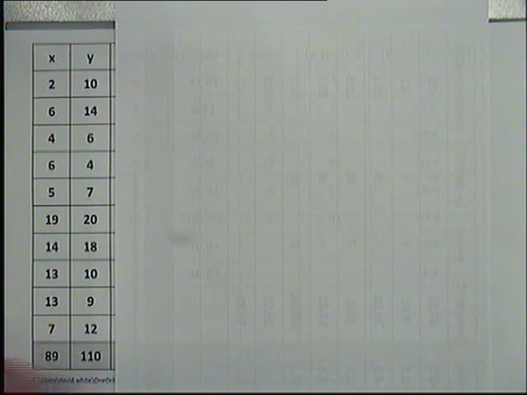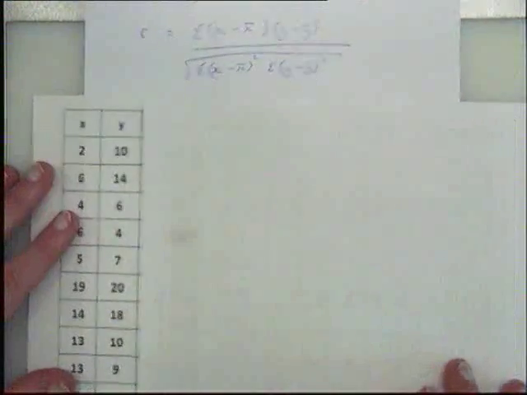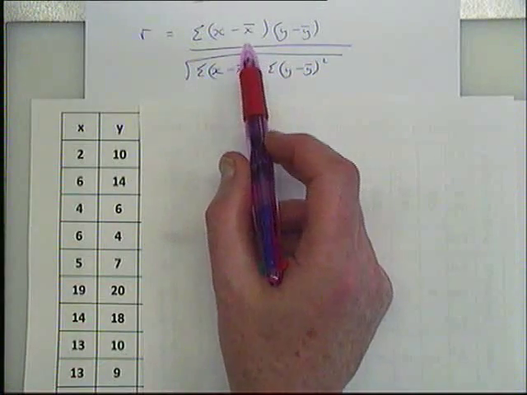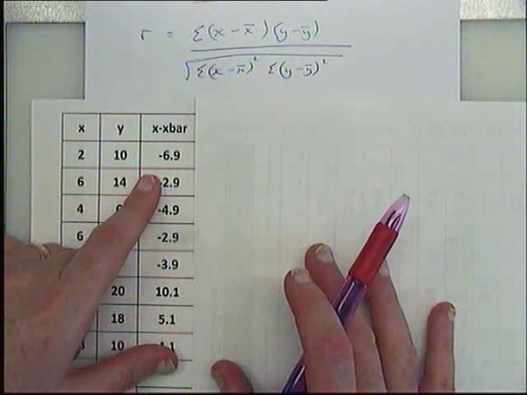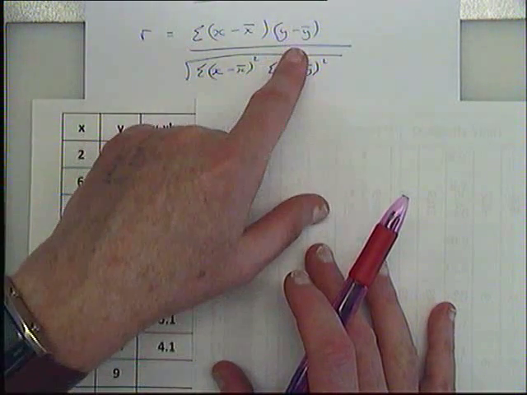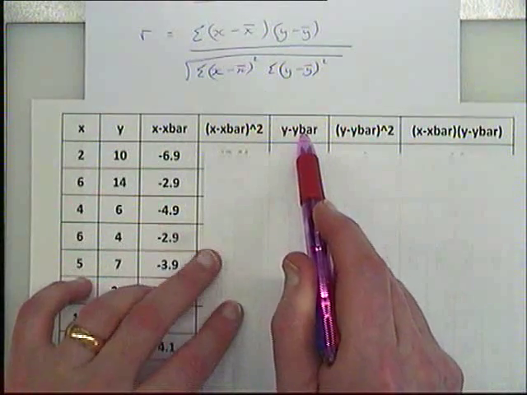The numbers in the bottom boxes are the totals. So if you look at the formula, which was on the board a minute ago, that formula there. We need an X minus X bar column, which is this column here, a Y minus Y bar column, which is this column here.